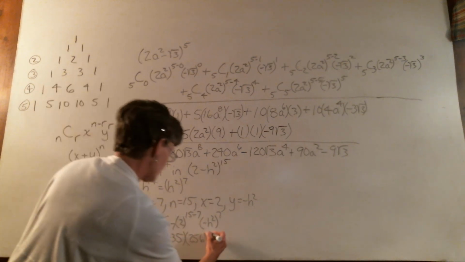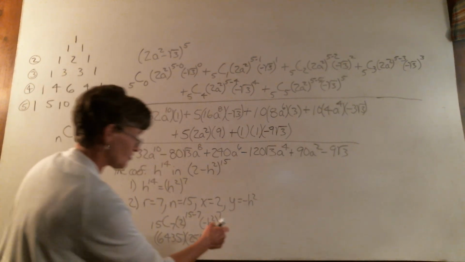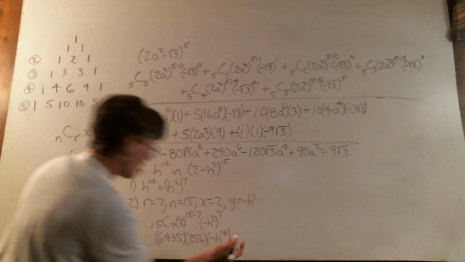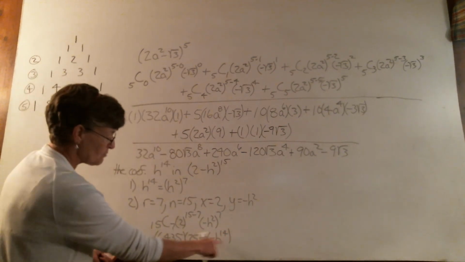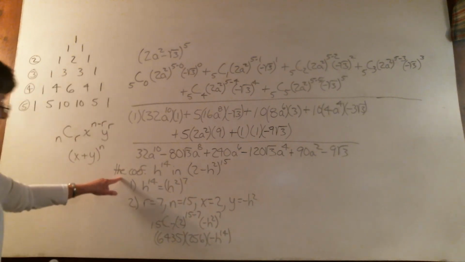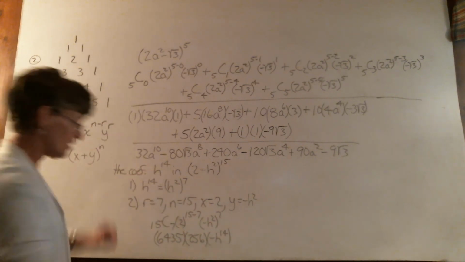And then I have my negative h squared to the 7. That's going to be negative h to the 14. All I really need from this is the negative sign, and then I need to multiply these, because all we're looking for is the coefficient of h to the 14.